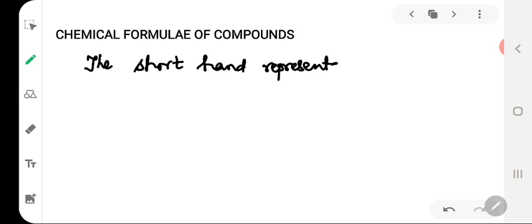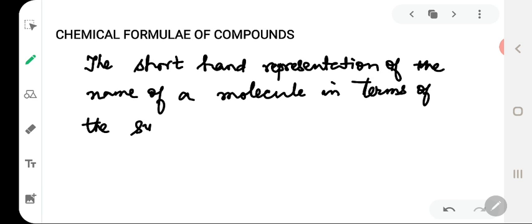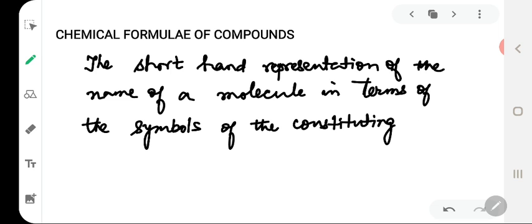So, chemical formula may be defined as the shorthand representation of the name of a molecule in terms of the symbols of the constituting atoms.